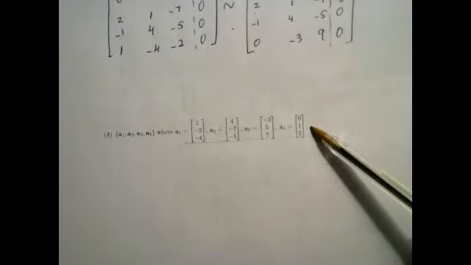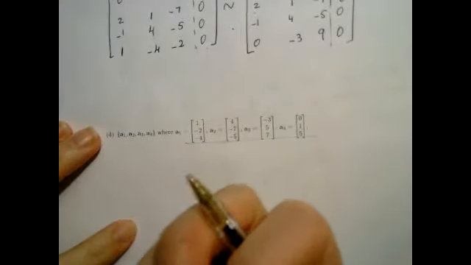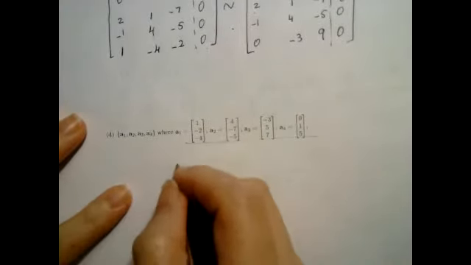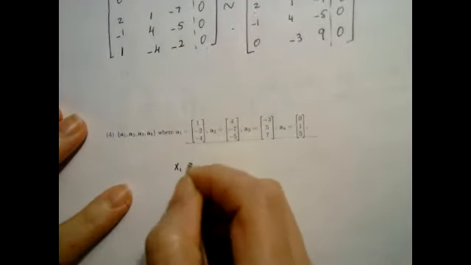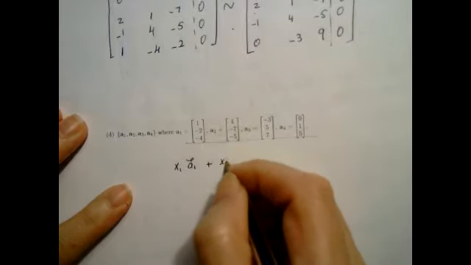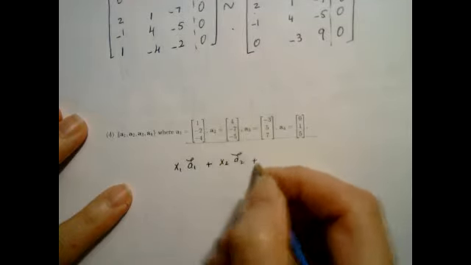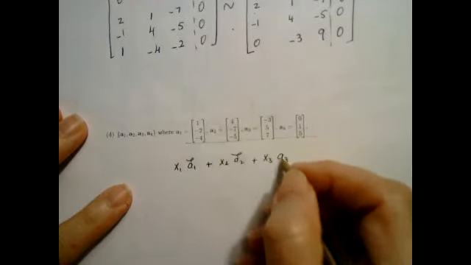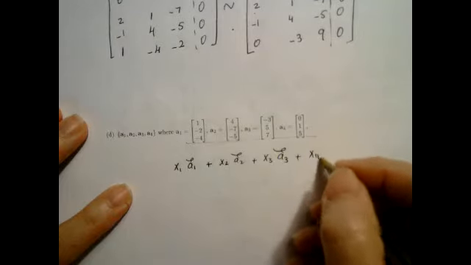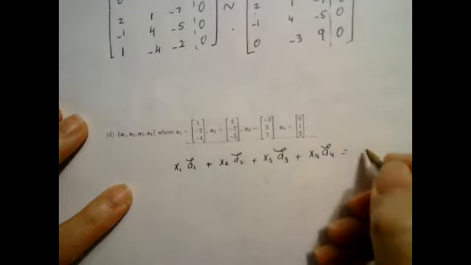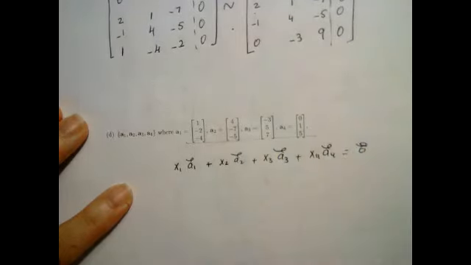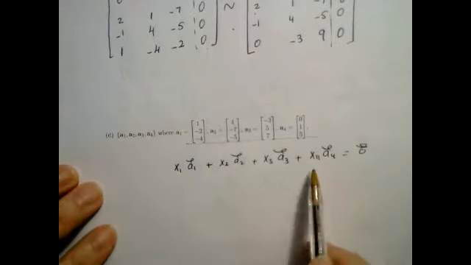But dependent. Okay, so because, and I need to find the dependence relation. So here, I need to solve x1a1 plus x2a2, I have to solve this, equal to 0, okay?